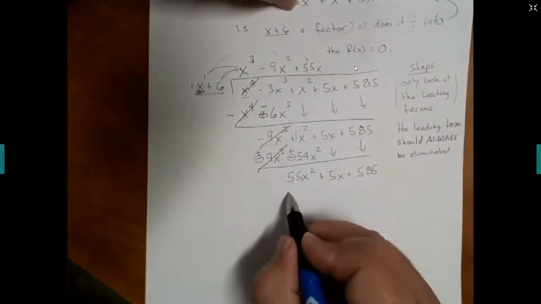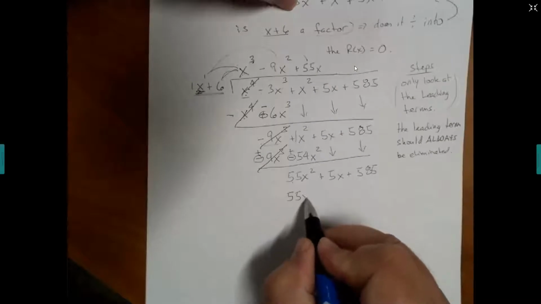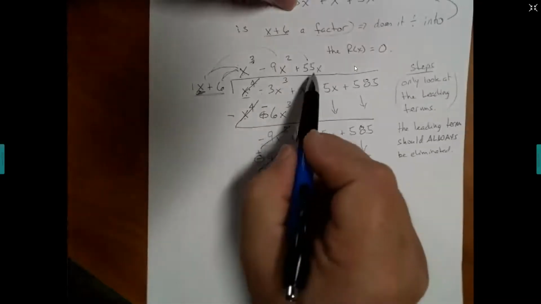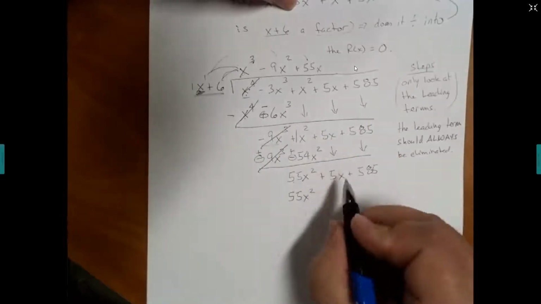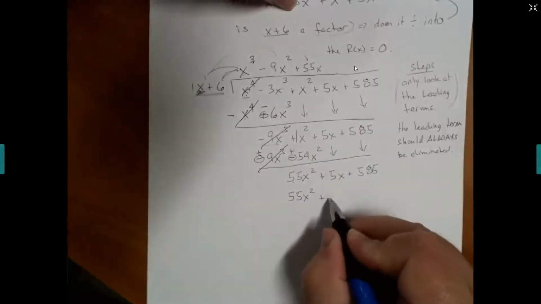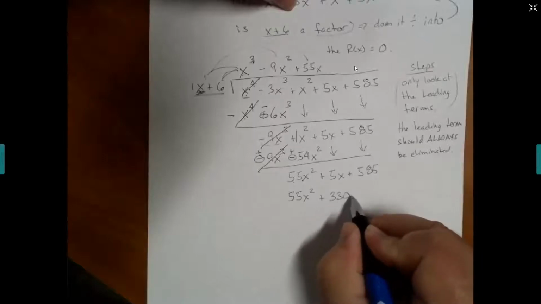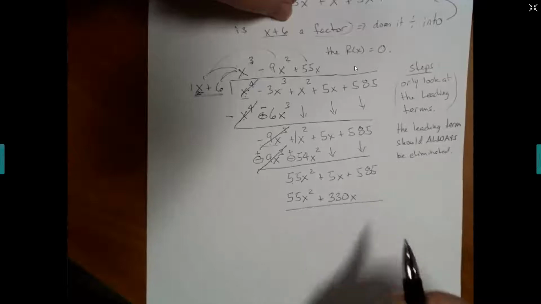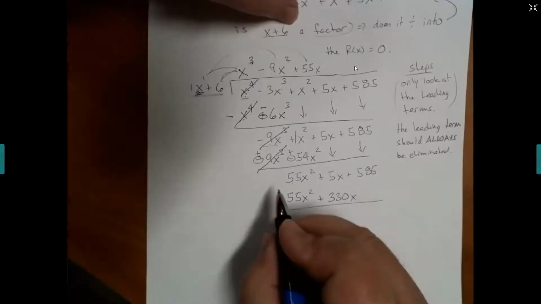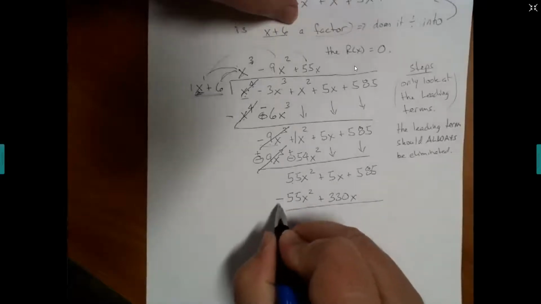55x times x is 55x squared. 55x times 6. So 55 times 6, they're both positive. It's 330x. Change the signs. This one's positive, I change it to negative.